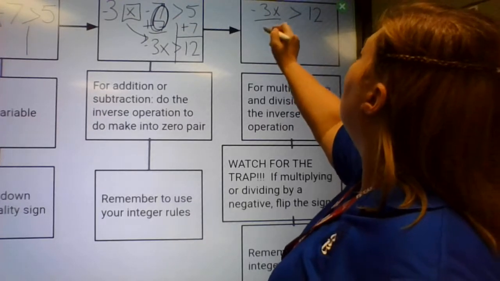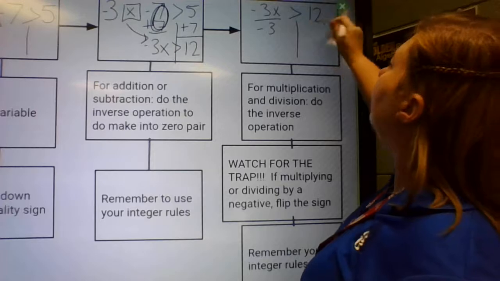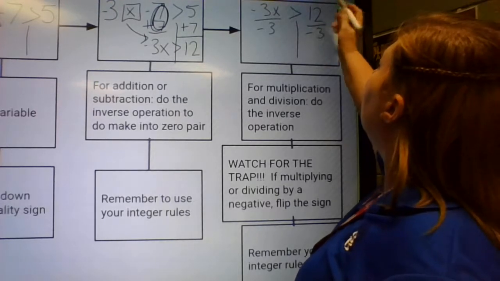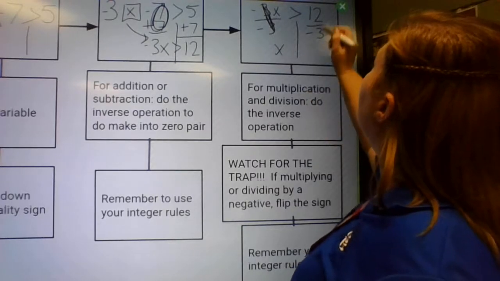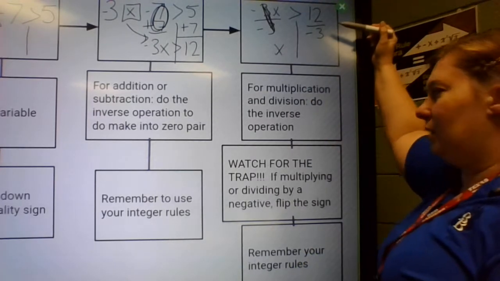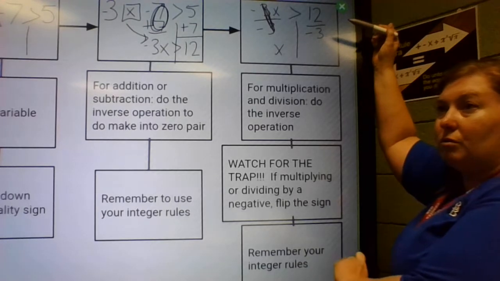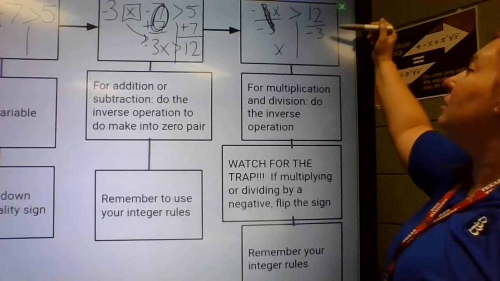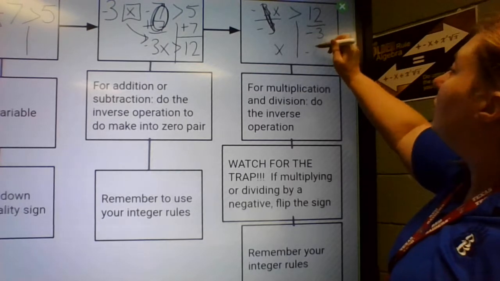So I divide by negative 3, and whatever I do to one side of the line, I've got to do to the other. That will get rid of this, so it's x, and then 12 divided by negative 3. I need to remember my integer rules. That still matters. A positive divided by a negative is a negative, so that's negative 4.